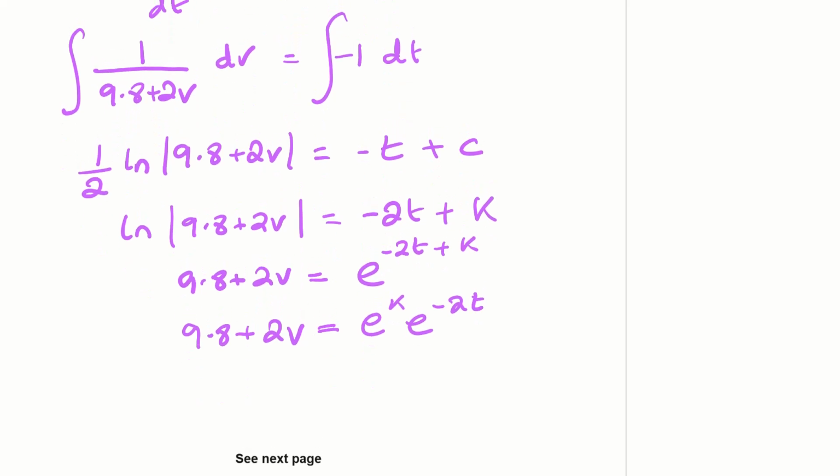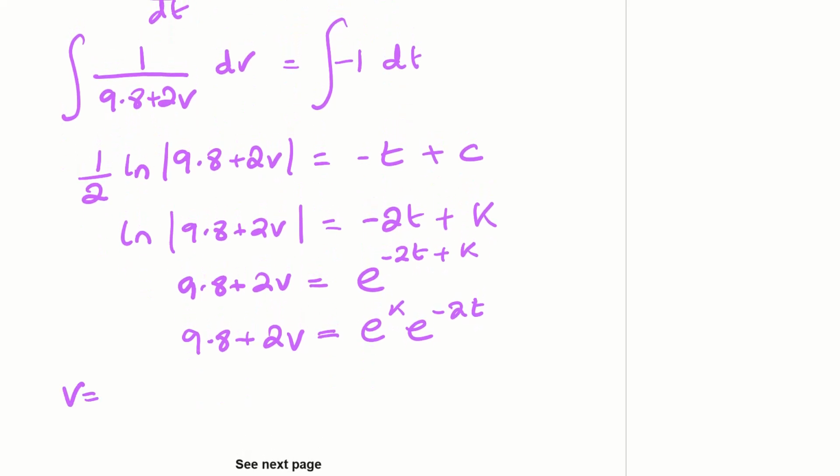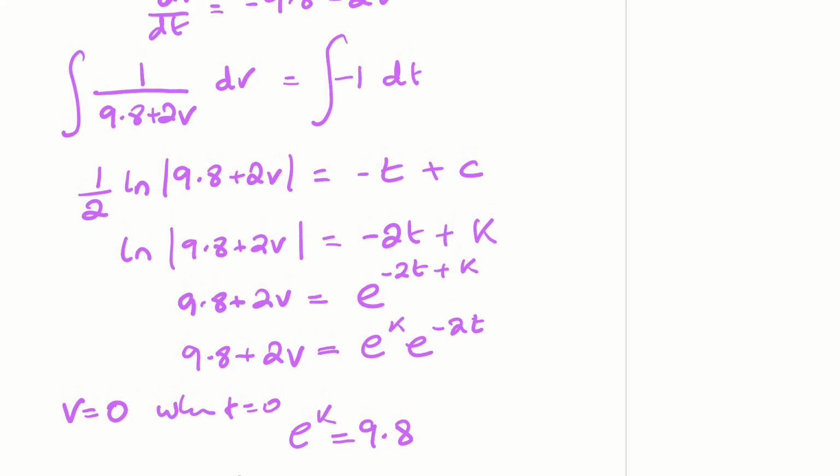Now we know that it starts at the surface just being dropped, so v is 0 when t equals 0, and therefore e to the k is equal to 9.8.